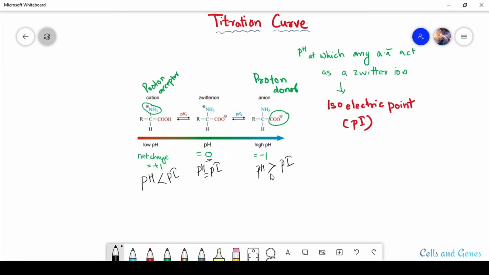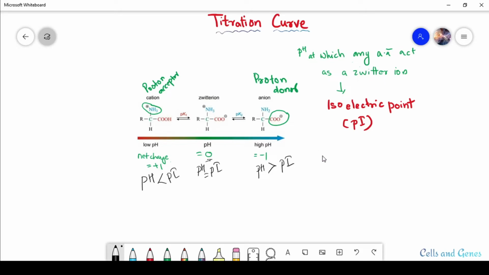Now the pH value is higher when the OH minus concentration is more in the solution, so pH will be higher than the pI value. Then it will act as a proton donor. That is, the NH3 plus has donated one of its protons to the solution, so it becomes NH2 and the net charge becomes negative. So when pH is more than pI, the net charge is equal to minus 1.